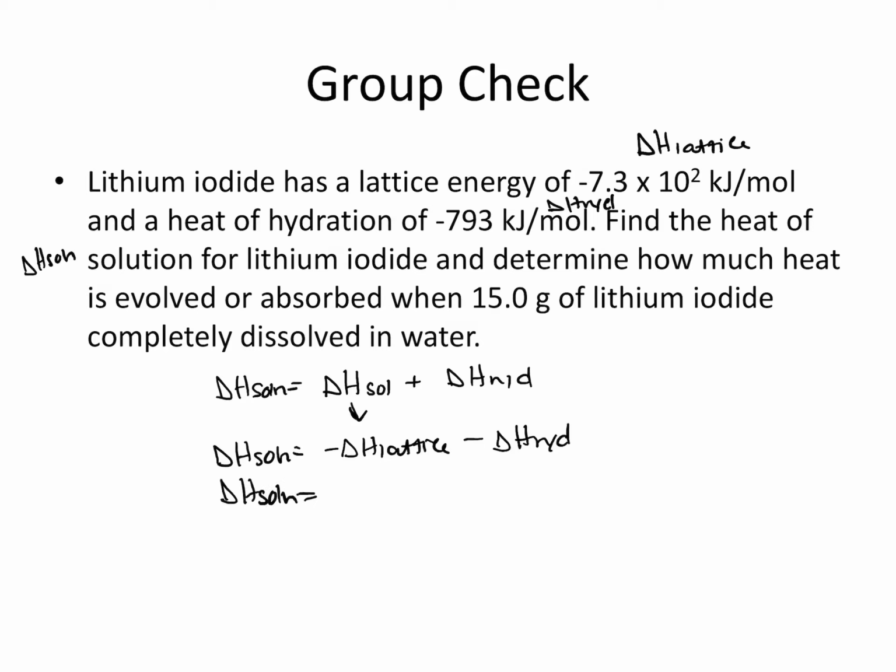So, do we have enough information to solve for the heat of solution? Yes, you would plug in your values. So you have your heat of lattice and your heat of hydration. Now, from there, how can you solve for just the heat when you have 15 grams of lithium iodide?